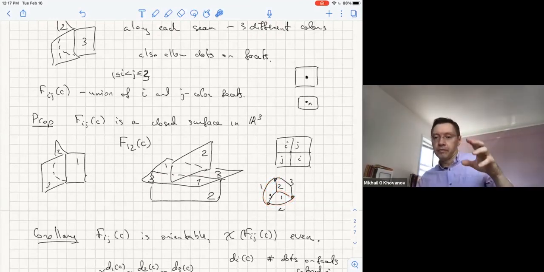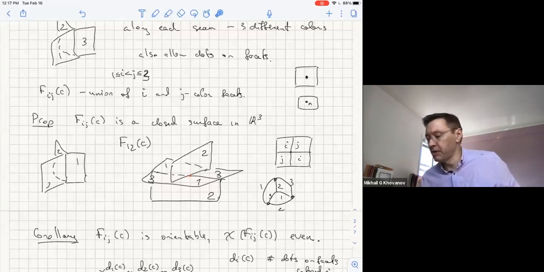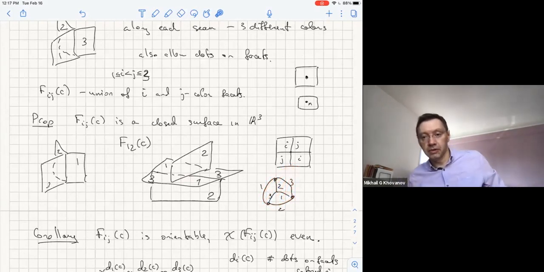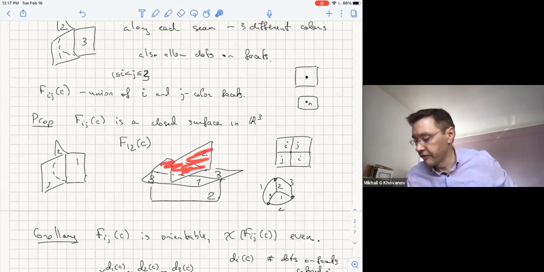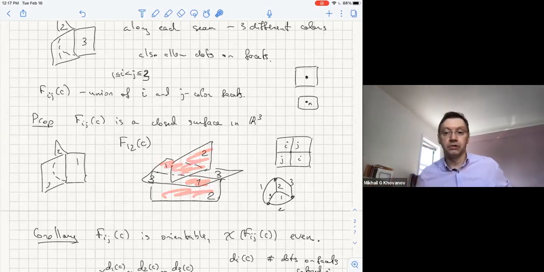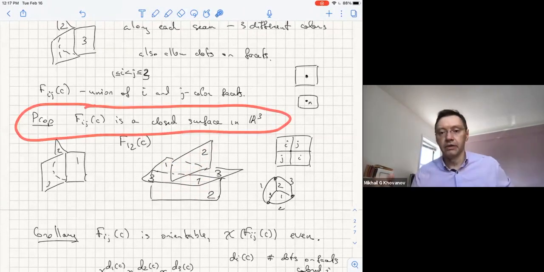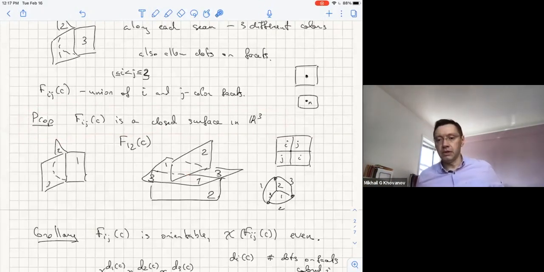And then the neighborhood of the surface F12 of C for that point is going to be homeomorphic to the cone over that cycle, so to 2 disks. So it's near the surface. If you take the union of facets 1 and 2, you see it's a surface in the neighborhood of this point. And we obtain this observation that Fij of C is a closed surface in this case.